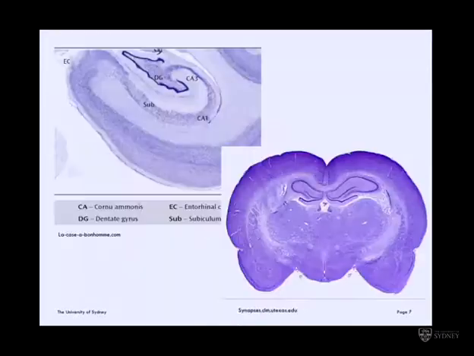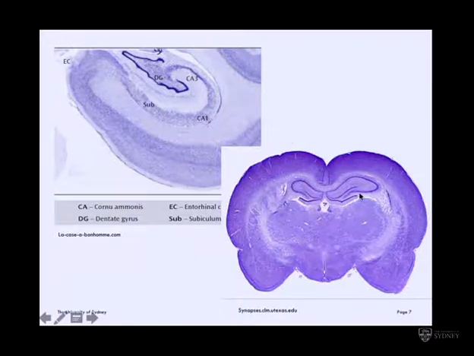The hippocampus is a very beautiful structure. It has these interconnected C-like structures, very beautiful cytoarchitecture. So this is a human hippocampus here, showing you all the different regions, including part of what's referred to as the entorhinal cortex right there, the subiculum, and these regions right here.